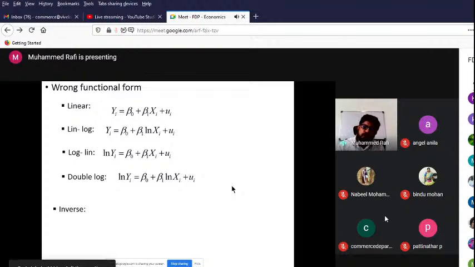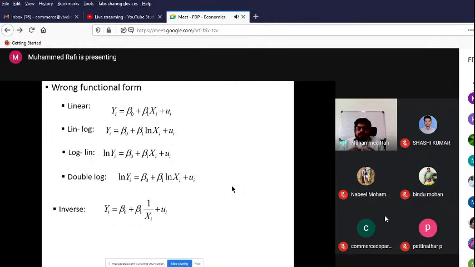Or you are supposed to go for an inverse function. You can consider the Phillips curve, which talks about the inverse relationship between inflation and unemployment. In the case of the Phillips curve, you are supposed to estimate the inverse function, whereas you are going for the usual linear function.